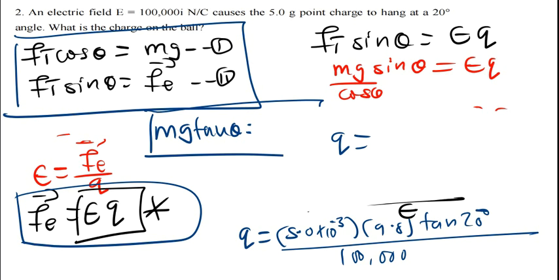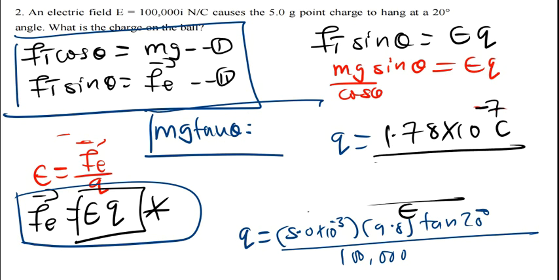So I have to put it in scientific notation, which is 1.78 times 10 raised to the power negative 7 coulomb. That is the charge.